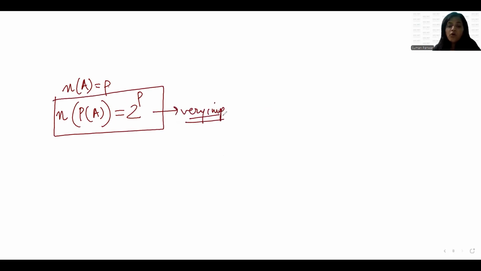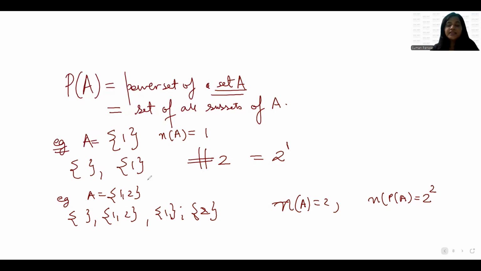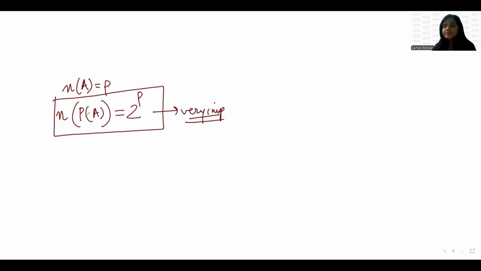Okay, also, what is a proper subset? So you can see that when I'm counting the subsets of these sets, I'm taking the whole set also as a subset. So I've taken {1} here, I've taken {1, 2} here. So if I talk about proper subsets, proper subsets will not contain the whole set. So what is the number of proper subsets?